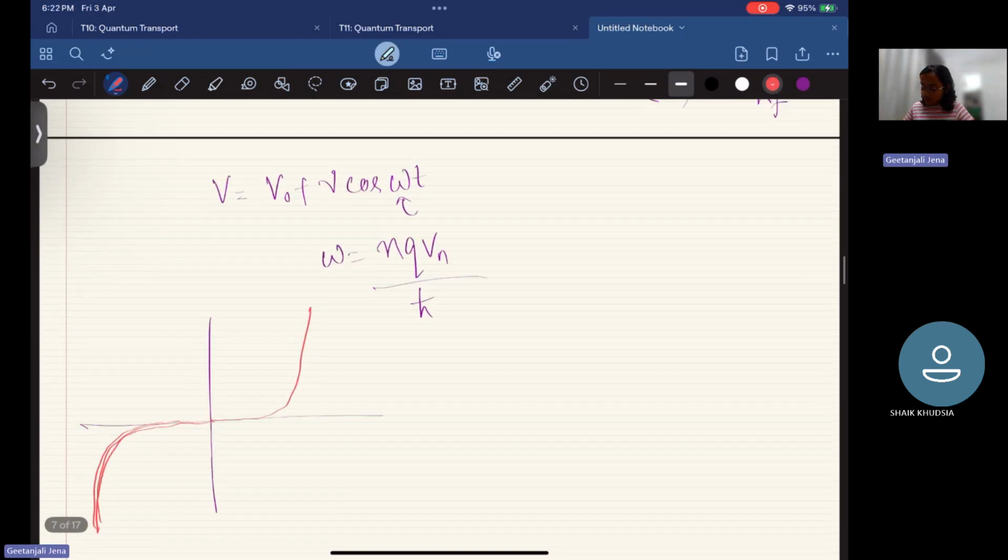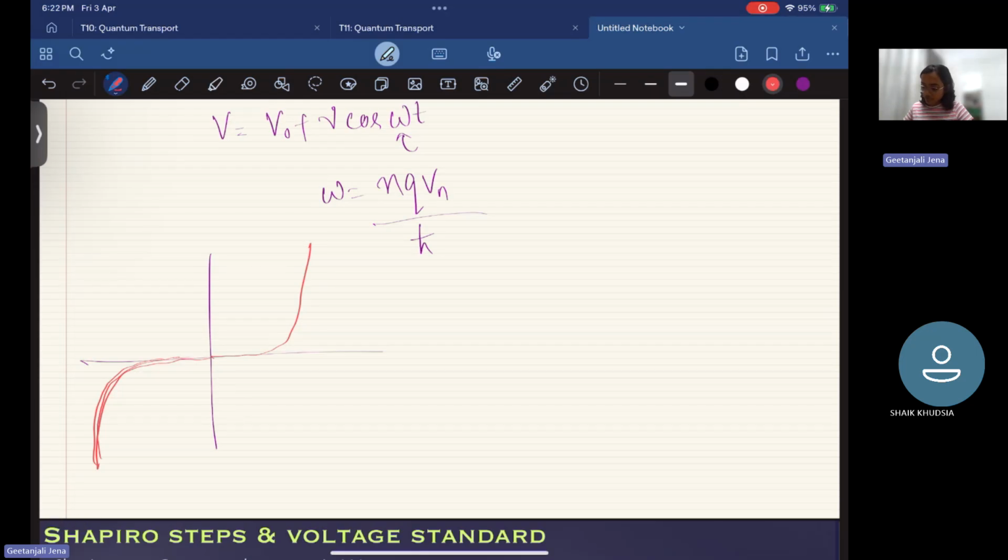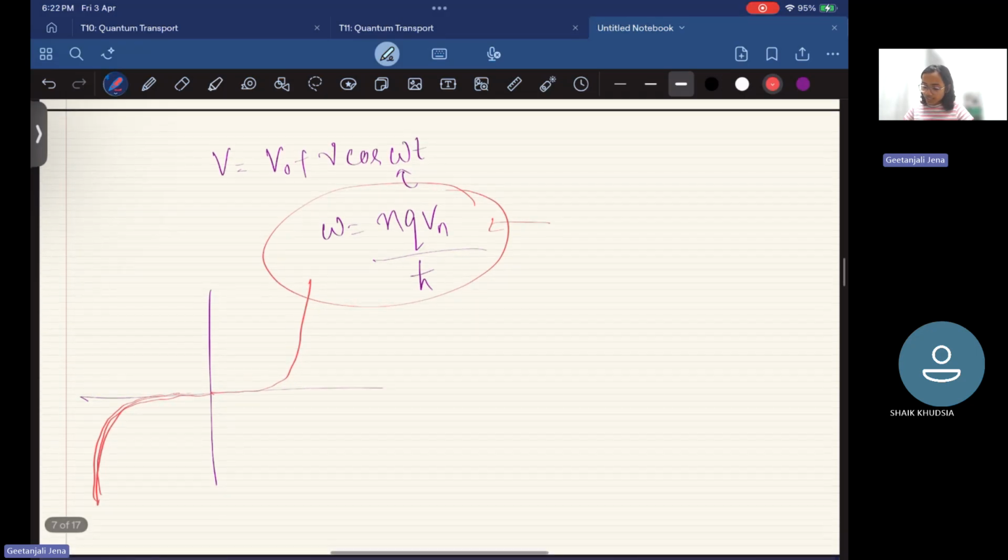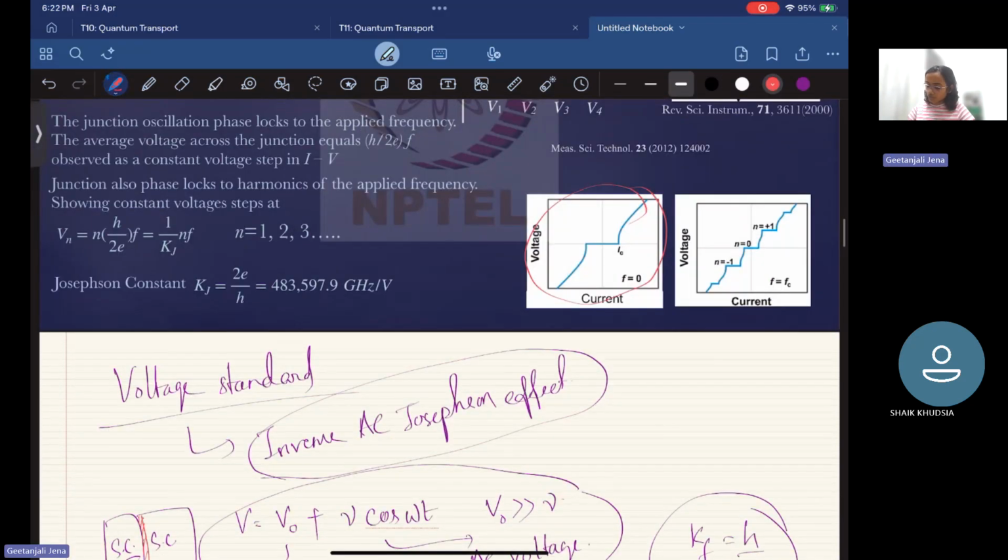But the moment we turn on the AC voltage, that is, the frequency is not zero and the frequency matches this condition, we will see steps in the voltage. We'll see a constant voltage when we vary the current. So when we increase the current across the junction, we see a constant voltage whenever the condition Vn equals n f by Kf is satisfied. And these are called Shapiro steps. Okay.